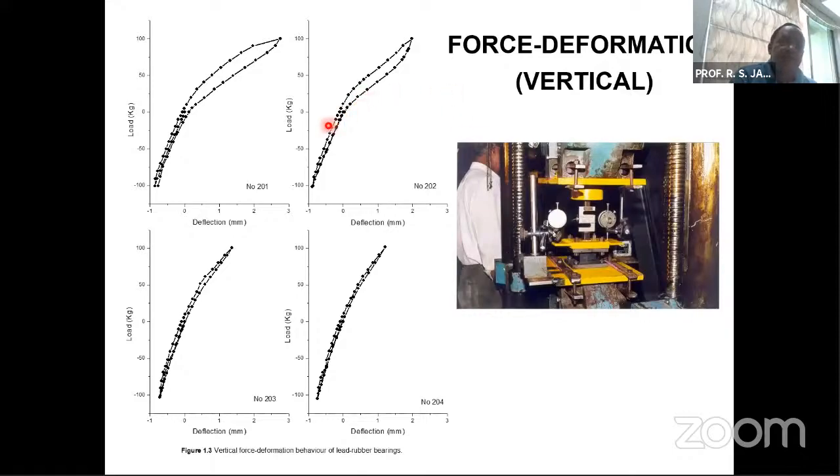This slide shows the force deformation behavior. There were four types of isolators, and this is the behavior in the vertical direction. The bottom side is in compression and the top side is in tension.